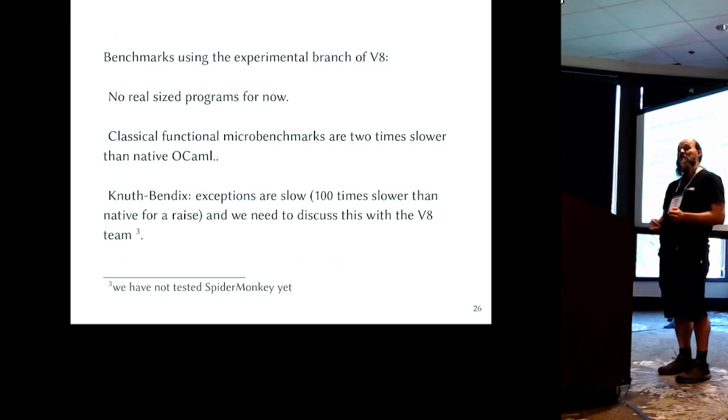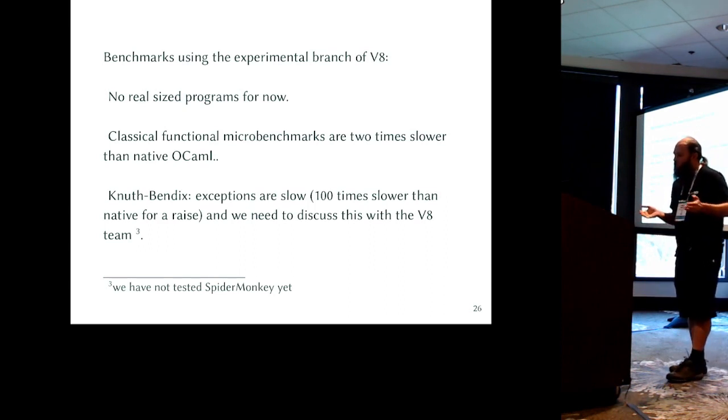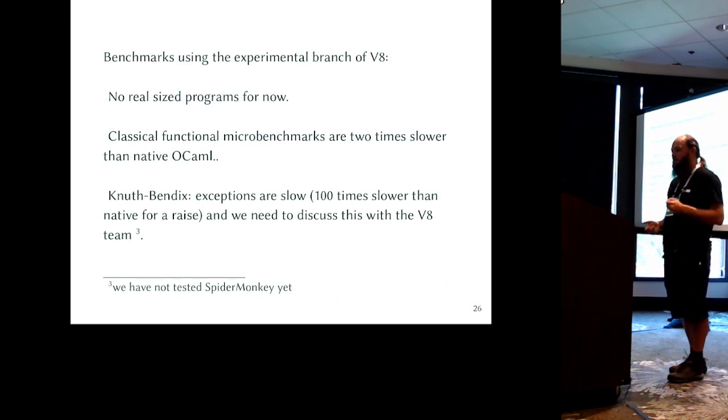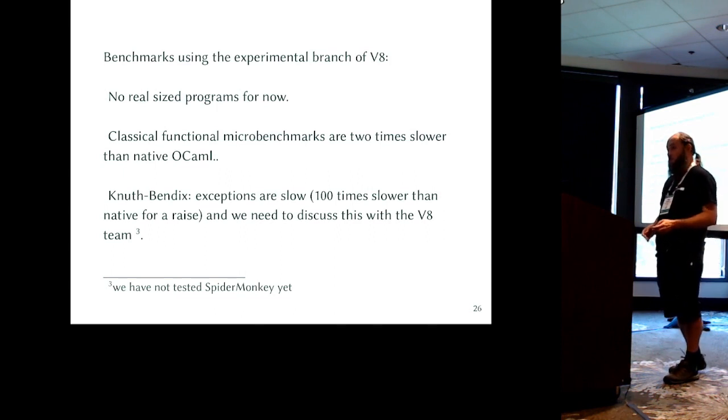So how does it perform? Because that's always the question when you have a new backend. So it performs quite well, given that everything is quite experimental. If you do some classical micro benchmarks, which are micro benchmarks, so you shouldn't trust the results, that's basically at worst 2 times slower, and that's basically always the same factor compared to native code. So that's quite good.